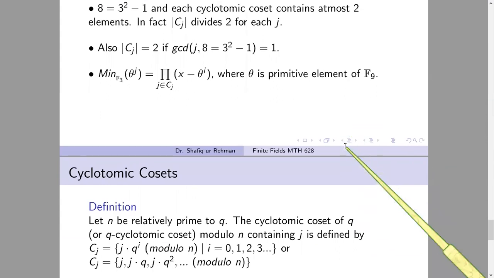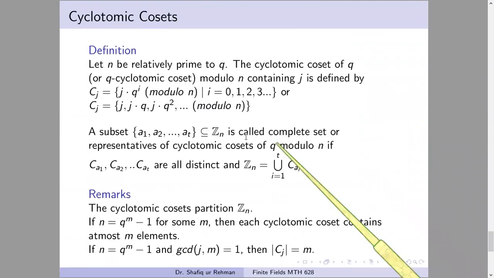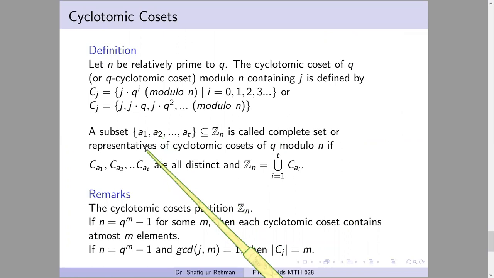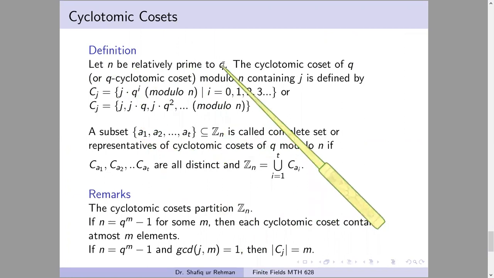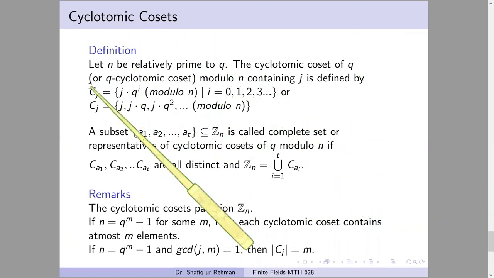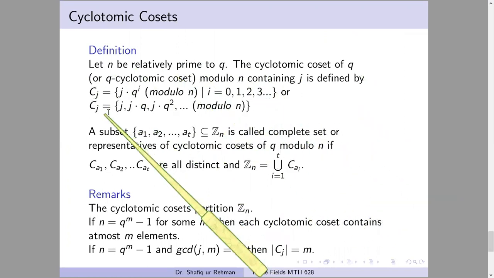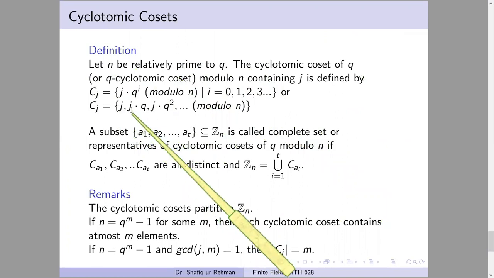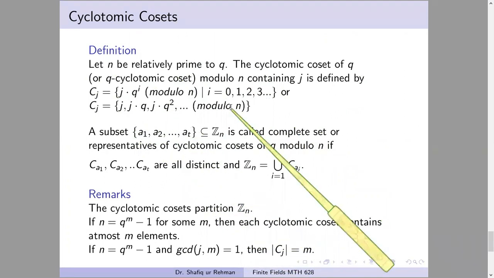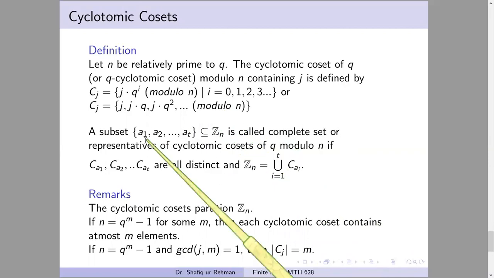And let us now formally define what a cyclotomic coset is. Before this we just observed something in the examples, and now we get the idea and formally define it. Let n be a relatively prime integer to the positive integer q, and then the q cyclotomic coset modulo n containing j is defined by this set, which consists of j dot q, j dot q square, and so on, and we have to be in mod n.